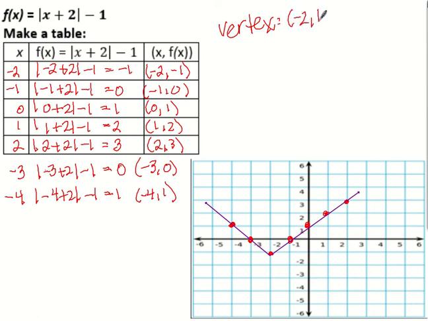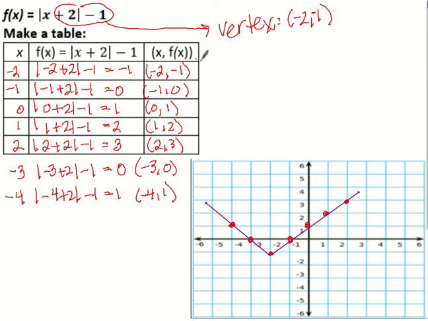Now I want you to notice, the opposite of this is -2, and the actual number of this is here. It's just like point slope. This was my vertex right here the whole time. There's my vertex, just the opposite of the x and then the actual k. So h and k make my vertex. The opposite of h and k make my vertex. There's no coefficient, so I know that this is not stretched or compressed, right?